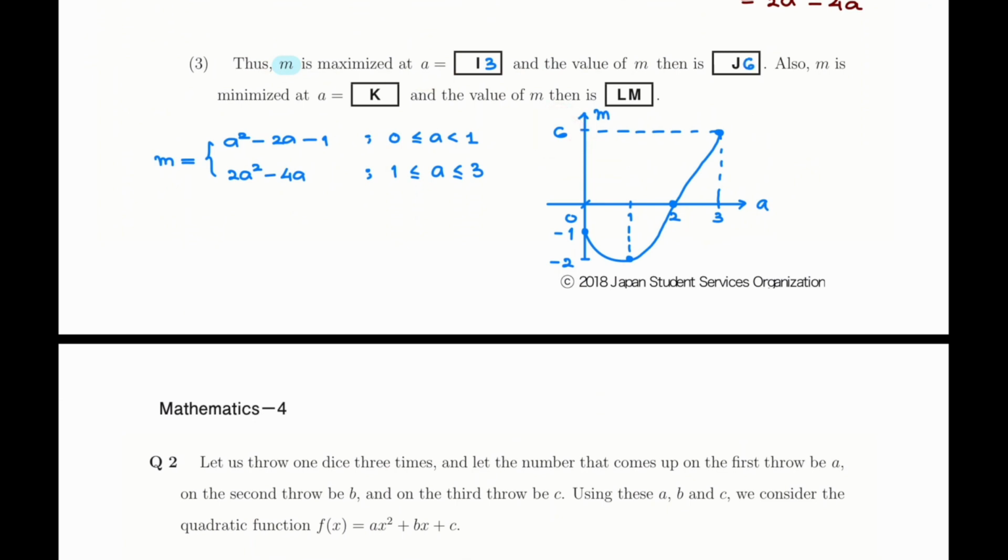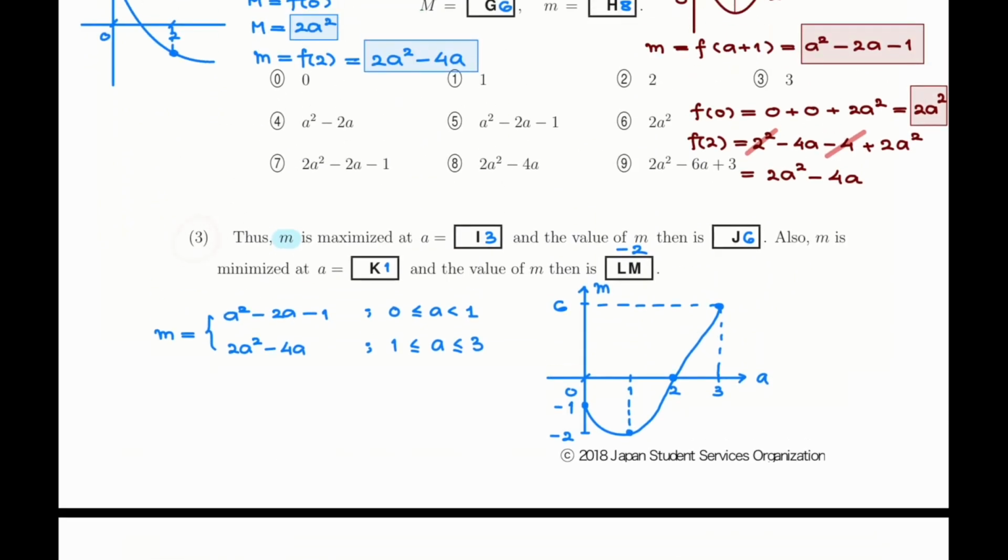Also, m is minimized at a equals 1. This is the lowest point on this graph. So m is minimized at a equals 1, and the value of m then is negative 2. This is the answer for the last question.